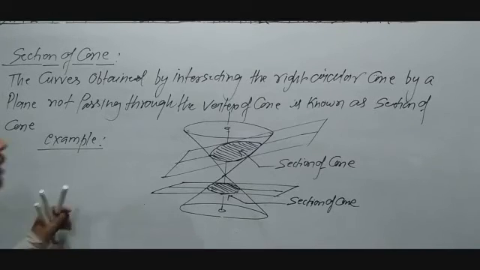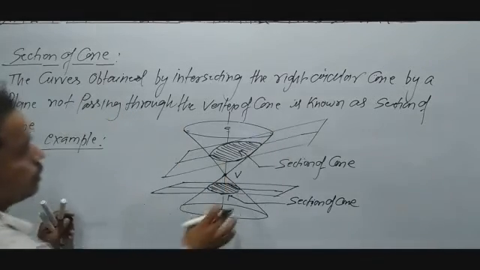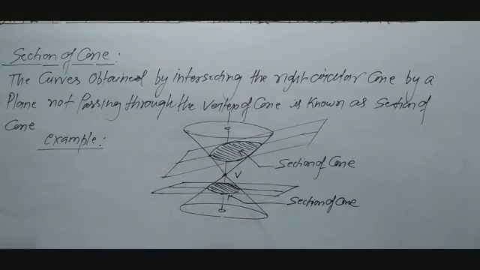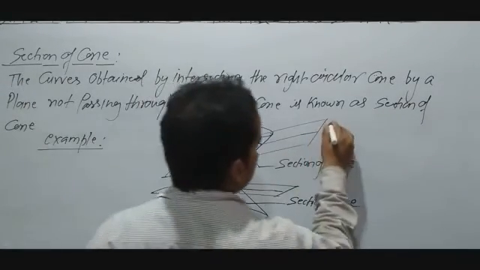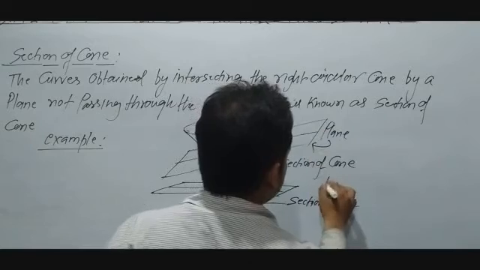In this figure, this is the vertex, this is the generator line, this is the fixed line, and this is the plane.